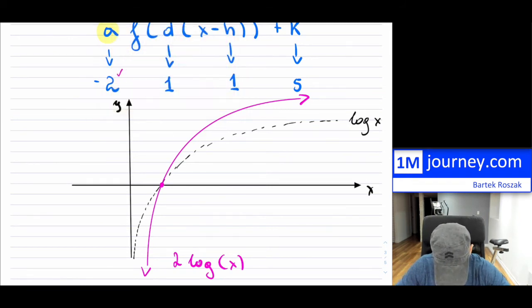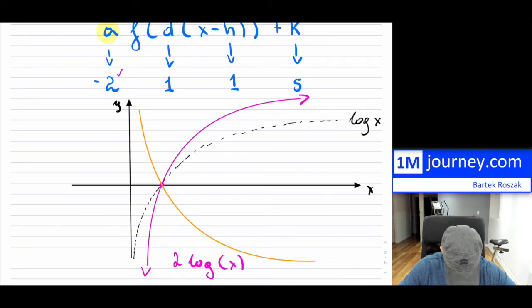If I reflect it back, it's going to look like this. I'm trying here. Let's see if it works. So it's going to start looking like that. That's the reflection. So this one now is -2 log of x. So now it's looking like this.